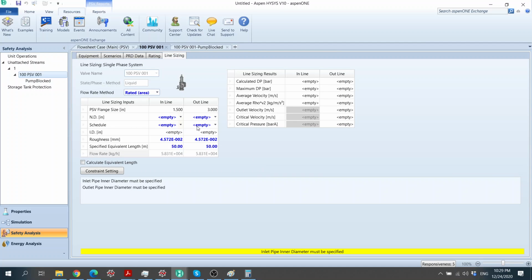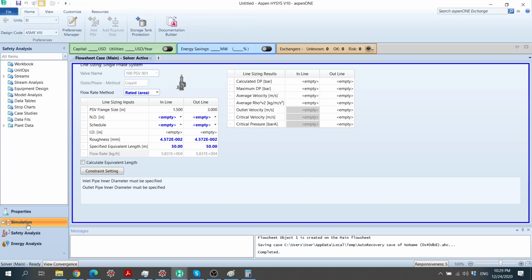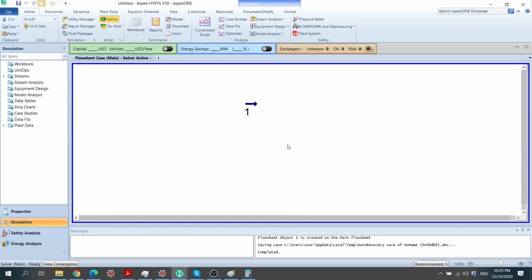This is then the line sizing, upstream and then downstream. This one we can do like a line sizing rating later on. But I'm wondering how we can add this to the simulation. It's an H.